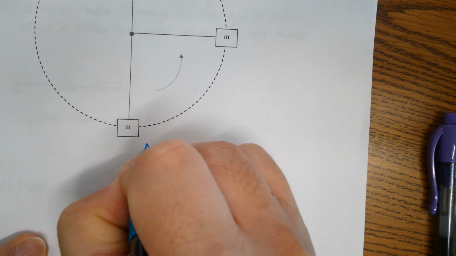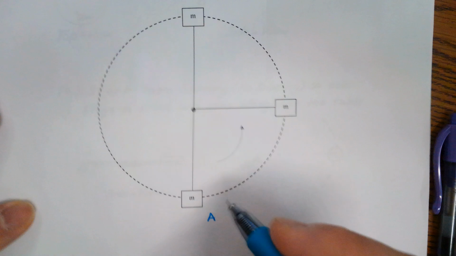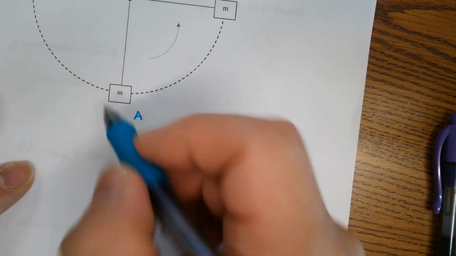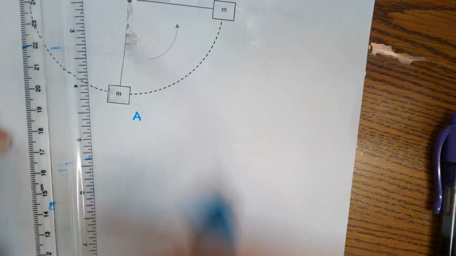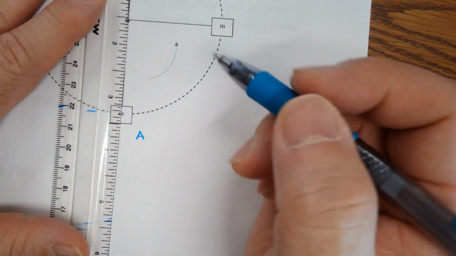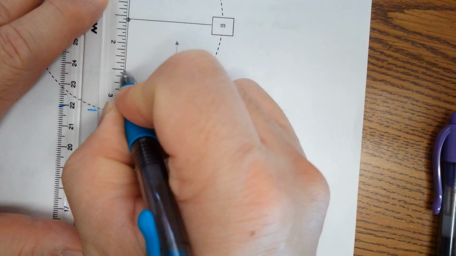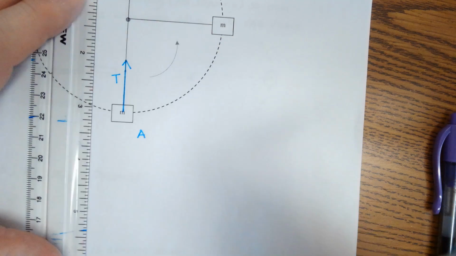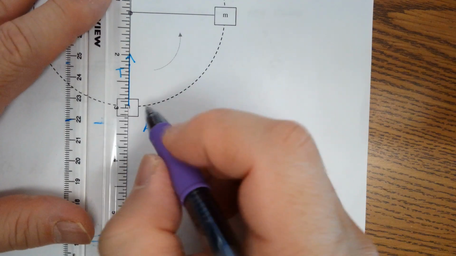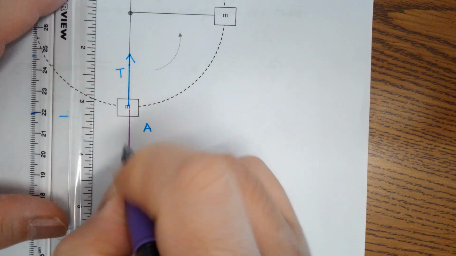Here at A, how many forces are acting on this? There are two forces. One is the tangential force going this way, and I have another force going down this way as my Fg.